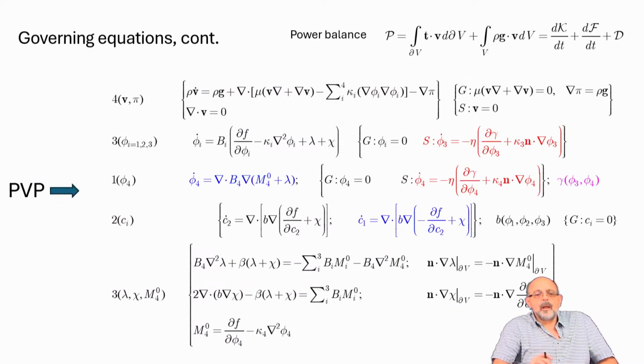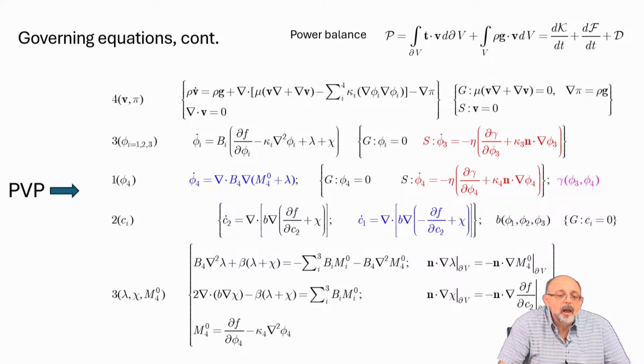Okay, so we follow the procedure that we outlined before, and I'm not going to go through that because it's much too painful. One needs to do lots of bookkeeping. One writes a power balance, and then from the power balance, the principle of virtual power.